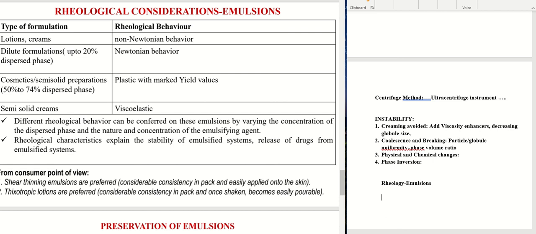From a consumer point of view, always remember it is preferred to formulate shear thinning emulsions. The name itself indicates that when you pressurize the system or apply some force or shearing stress, the formulation becomes less viscous.